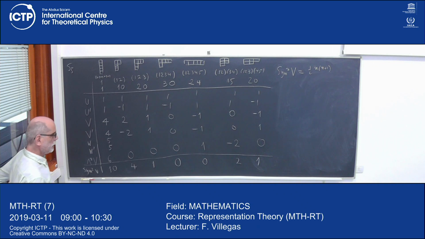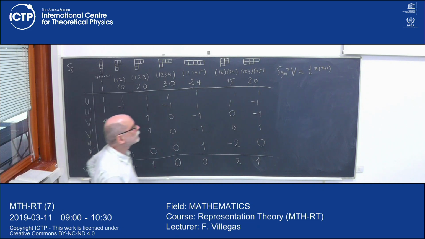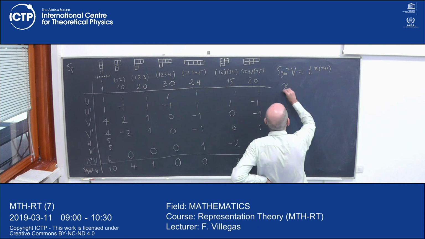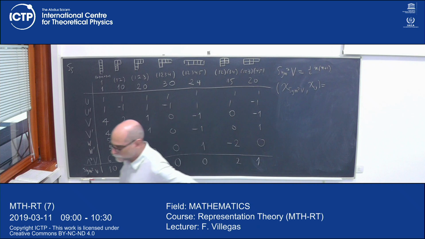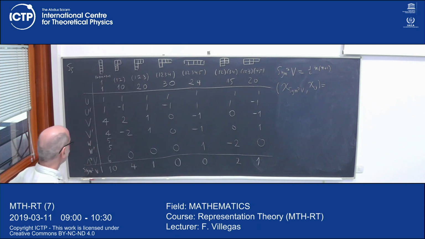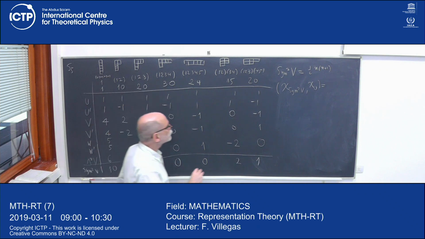Okay, so can we see what the multiplicities are? If I take the inner product of this character with the trivial representation, I'll see how many times the trivial representation appears in its decomposition. So let's see. We have to do 10 times 1. Write it out.